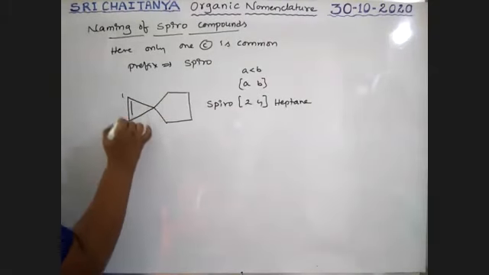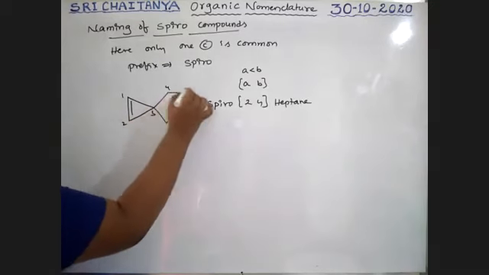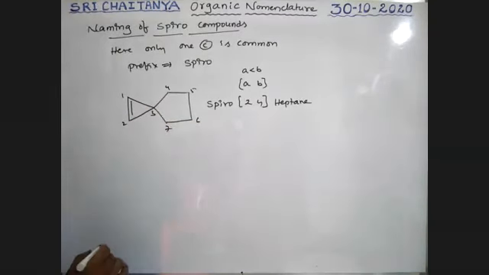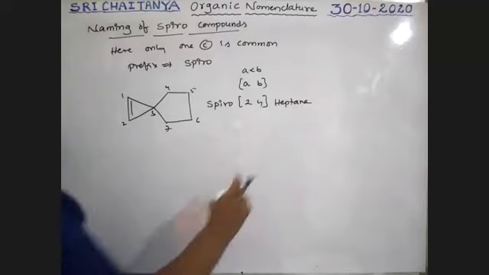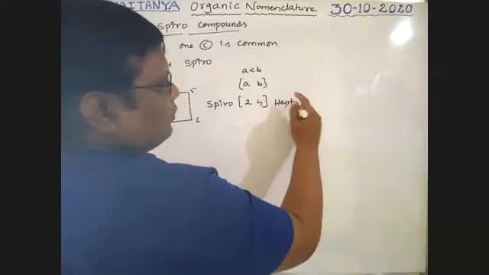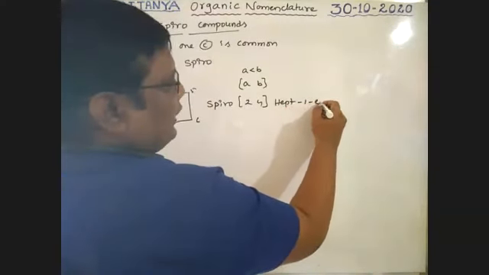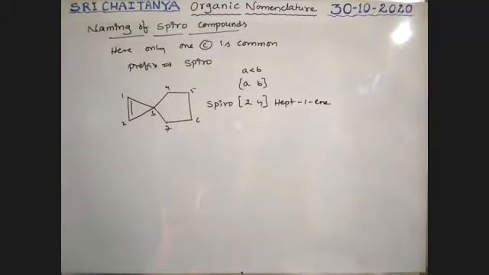It is 1, 2, 3, 4, 5, 6, 7. Therefore, its name is spiro[2.4]hept-1-ene.